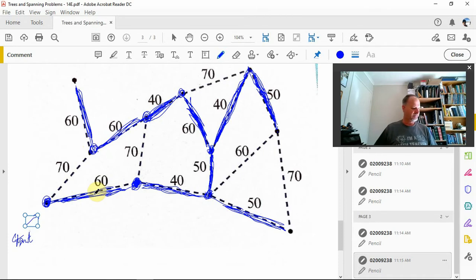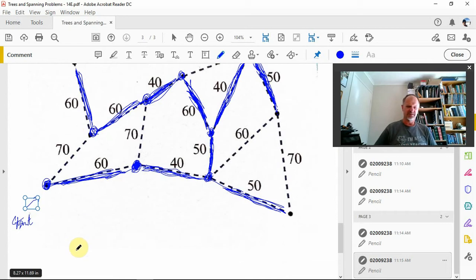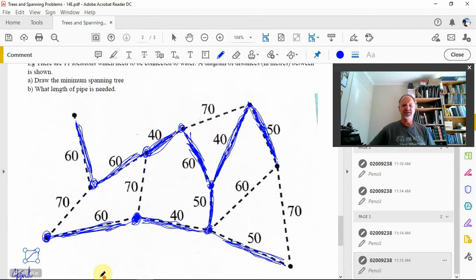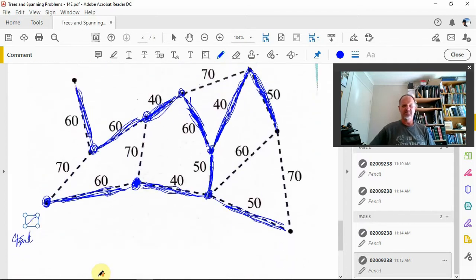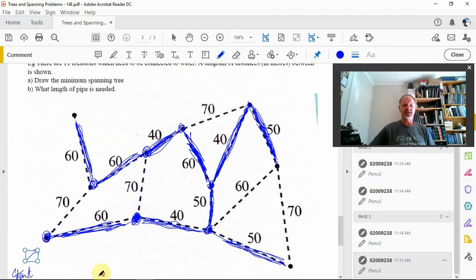All right, so what do we have to do? That's part A, the spanning tree. That's what we're asked for in A: draw the minimum spanning tree. There it is, done. It doesn't matter where you start, you'll still end up with the same one.